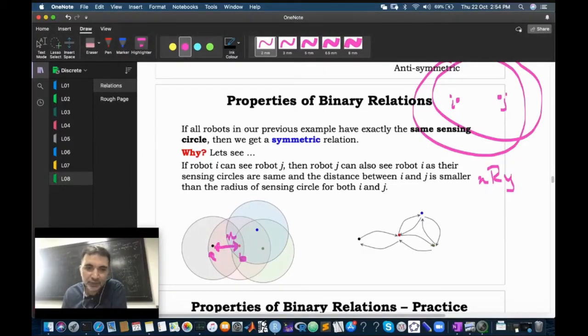Okay? If A can see B, इसका मतलब ये है कि A का जो circle है it's larger than radius x, which means that B का जो radius है वो भी at least larger than x होगा to be able to see A. Right? All right.